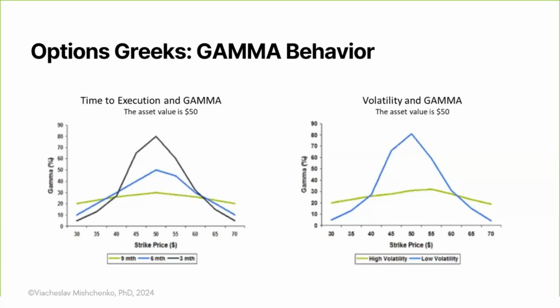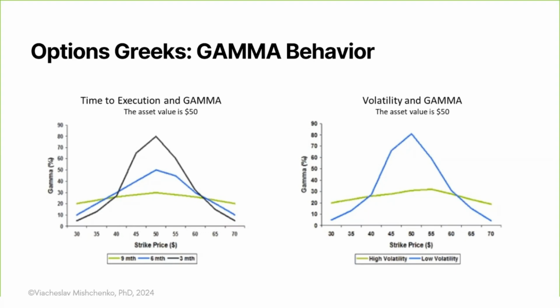So let's go on, and now let's zoom in on the gamma behavior. As you can see here, the slide shows us how gamma changes with respect to time to expiration and volatility. And it's a key insight for understanding option risk dynamics.